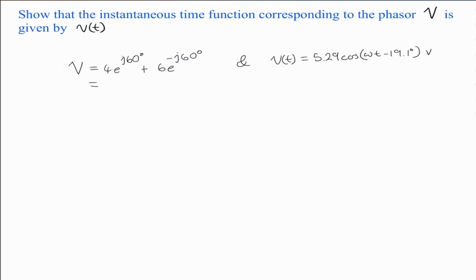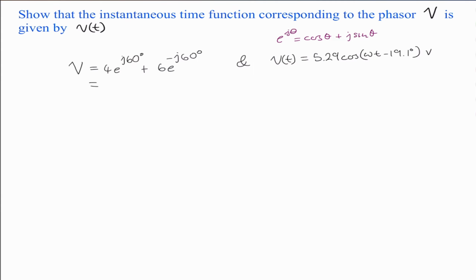We can then go ahead and use Euler's identity for both expressions on the right. Euler's identity: e to the j theta is equal to cosine theta plus j sine theta.